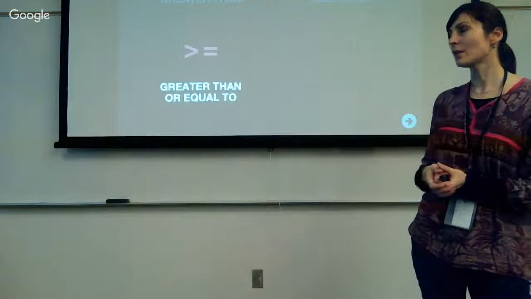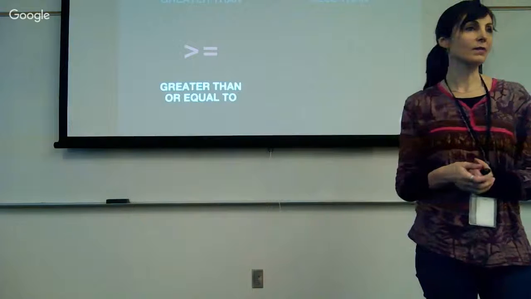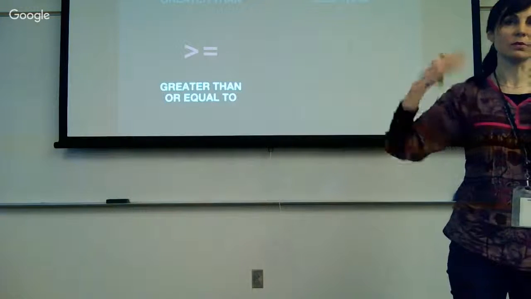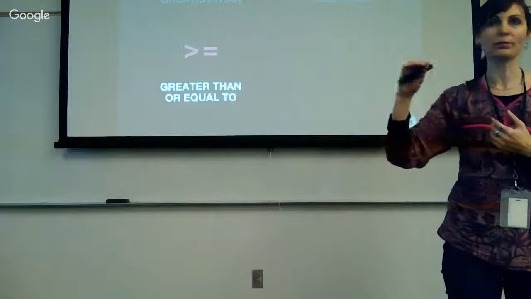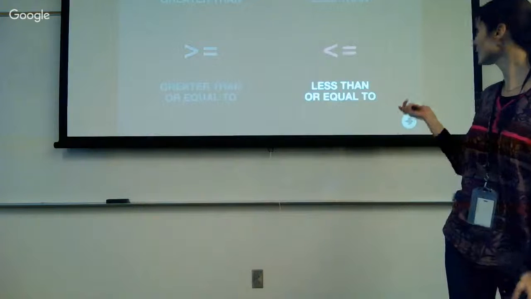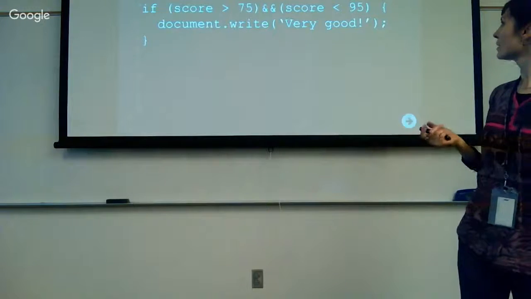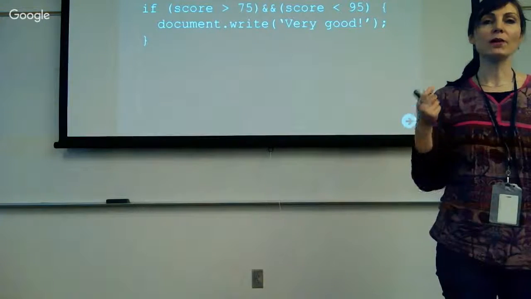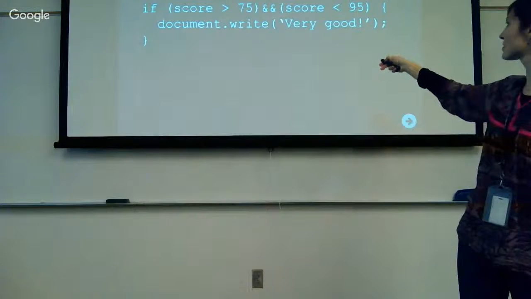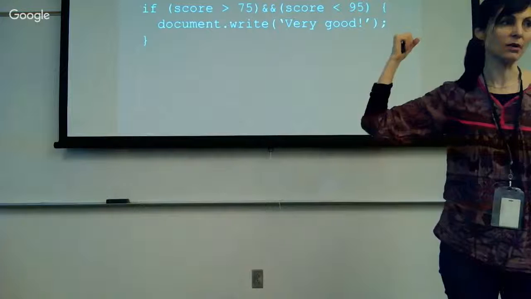So the student who passed has to have a score greater than 50. I would not use the greater than or equal because I want it to be greater than. So 50 will not meet the logical criteria. And then less than. Okay. So the way we represent the logical and in JavaScript is with this double ampersand right here.